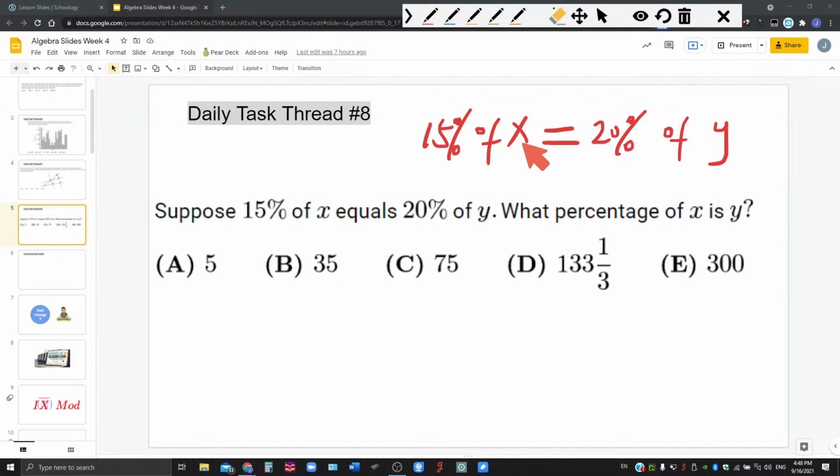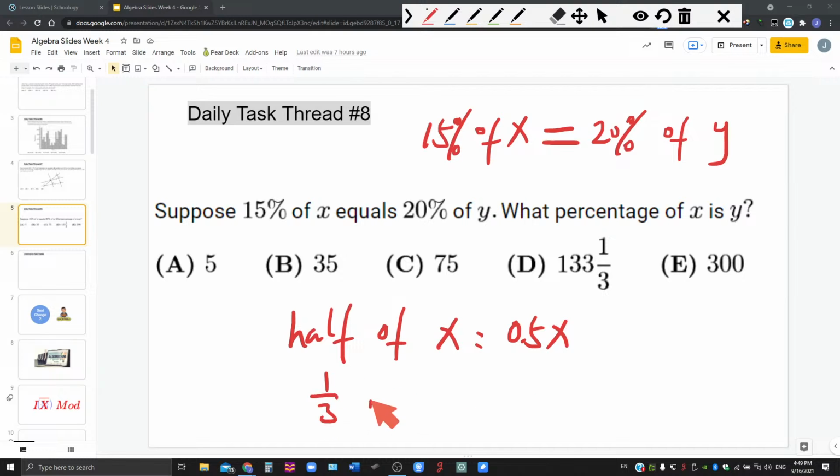This 15% of x, this is plain English. How can we translate that into mathematical expressions? Now we know if we say half of something, that's like saying 0.5x, right? When we say 1/3 of something, that's like 1/3 of x.